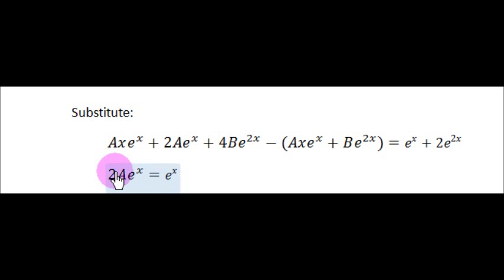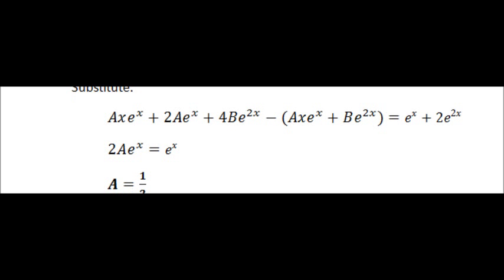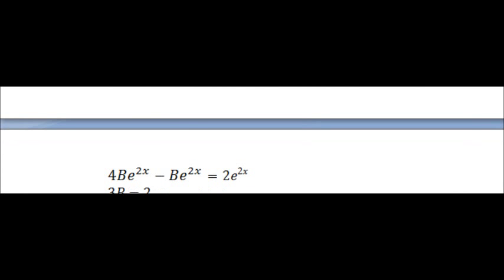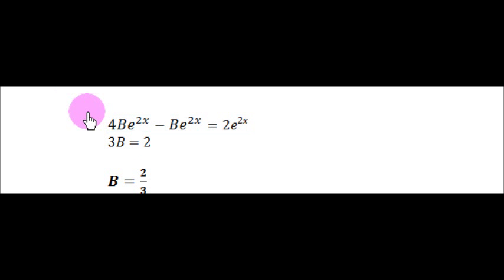So we need to find the values of a and b so that we can have our particular solution. To solve for a, we have 2a e to the x equals e to the x. So we can solve our a, which is equal to 1/2. Now solving for b, we have 4b e to the 2x minus b e to the 2x equals 2 e to the 2x.